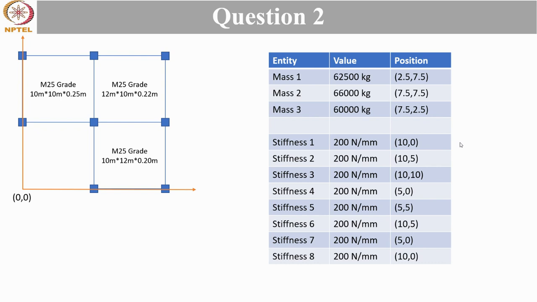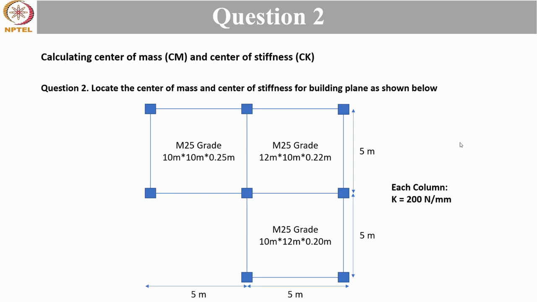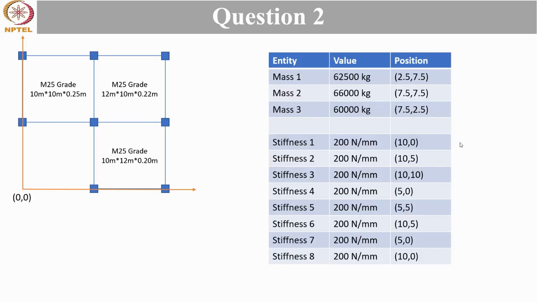And for stiffness, there are 8 columns, 3, 2, 3, 3. Now, the stiffness of all the columns in our case is equal this time. Just the location is what we need to find. So we know the edges, it is 10 meter cross 10 meter. For column 1, at the top left, the center of stiffness is at 10 comma 0.